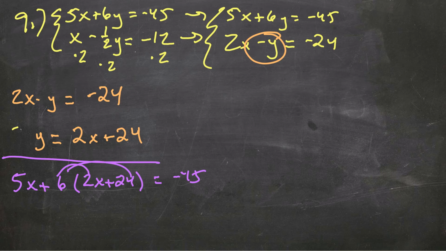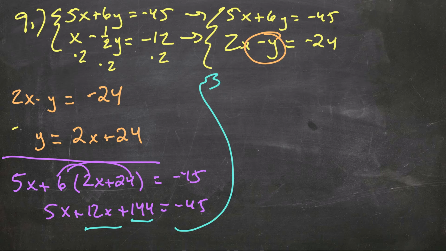I distribute the 6. I get 5x plus 12x plus 144 equals negative 45. I combine my like terms. I get 17x plus 144 equals negative 45.